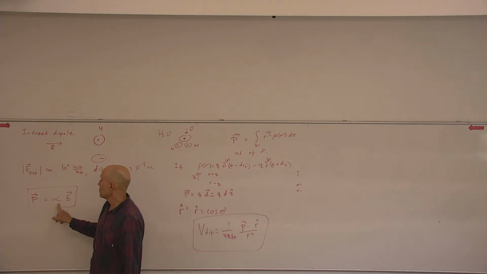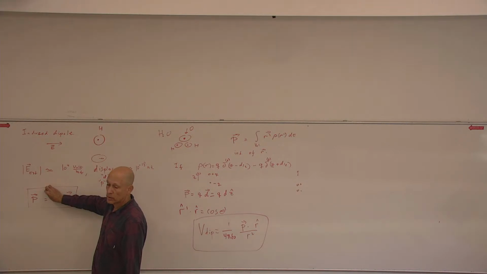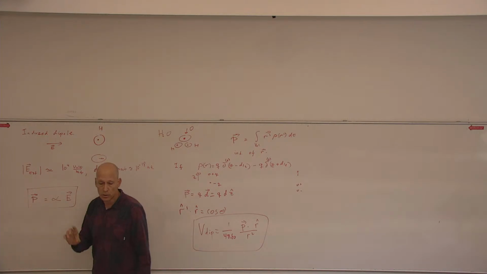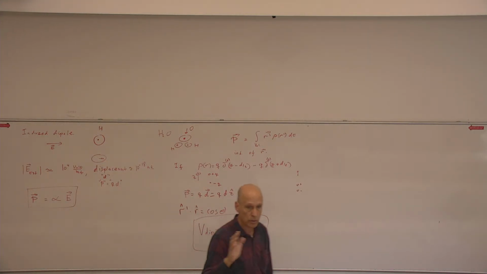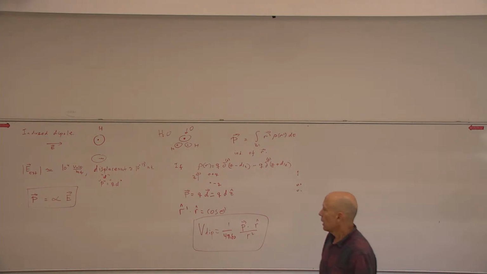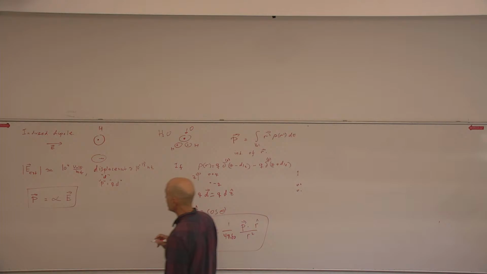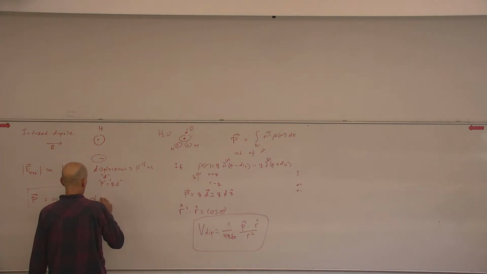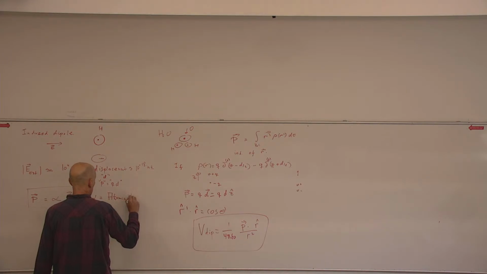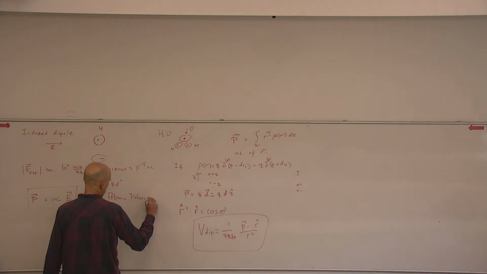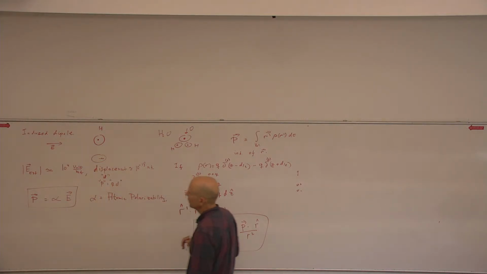Answer: no. Because the water molecule has a constant here, plus E. So you see, if E is 0, P is not 0. So this is for spherical objects like hydrogen, etc. only, right? And this alpha is called the atomic polarizability. Alpha is the atomic polarizability. I hope I didn't make too many spelling errors here.